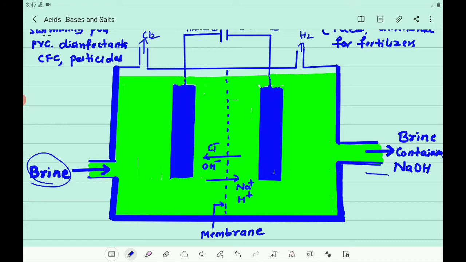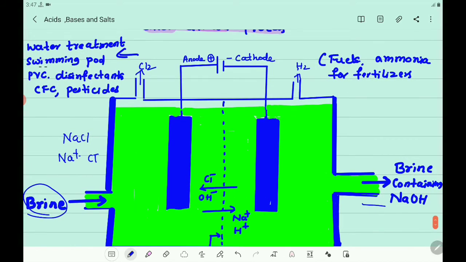When electricity is passed through an aqueous solution of sodium chloride, commonly called brine, it decomposes into chlorine and sodium. Here you know that NaCl decomposes into Na plus ion and Cl minus ions. Sodium is collected at the cathode. Here you know that the cathode is negative.